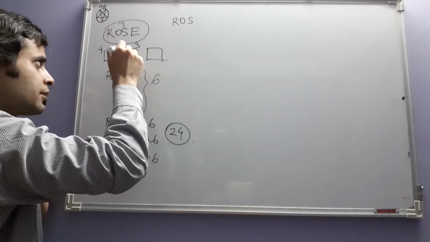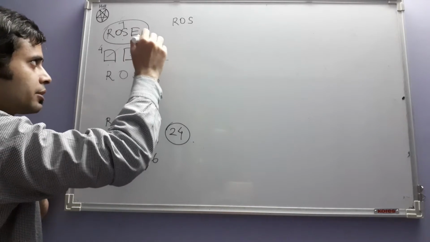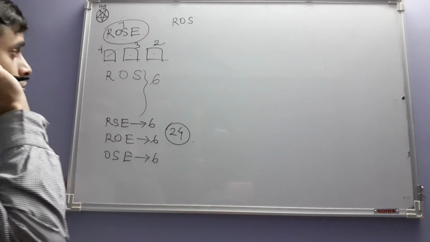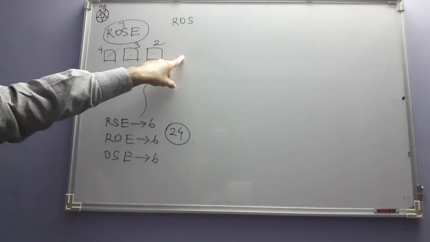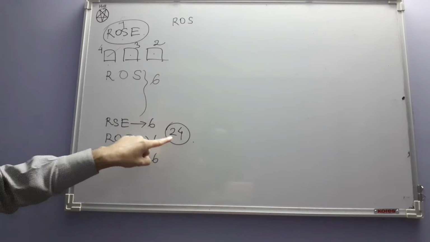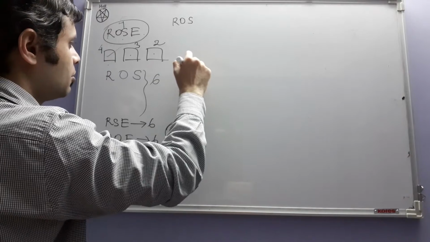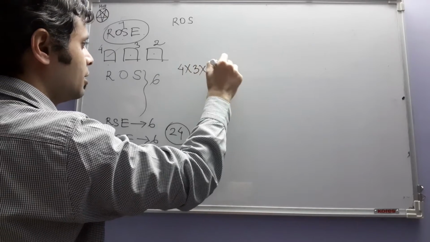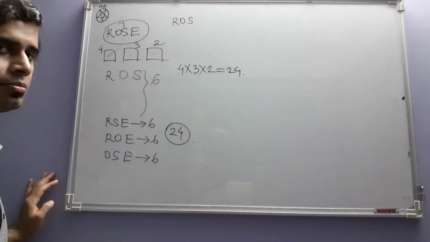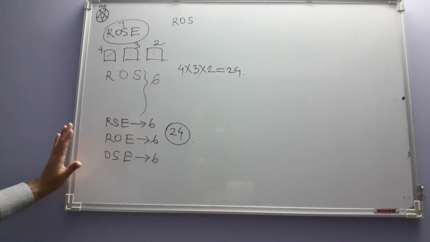Once that choice has also been made, then for the third place I have 2 ways. Since multiplication by 1 does not change the number, that's why I am getting 24. So in this case, the total number of possible arrangements is 4 times 3 times 2, which is also 24.